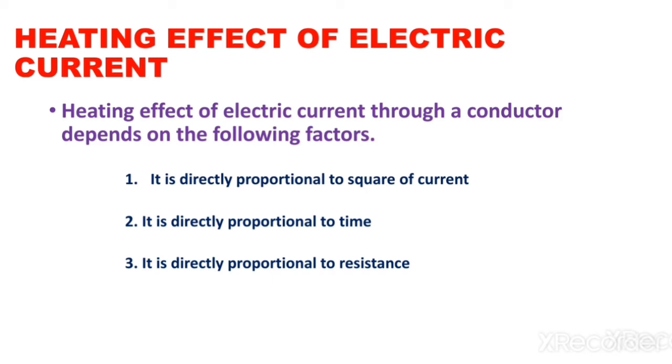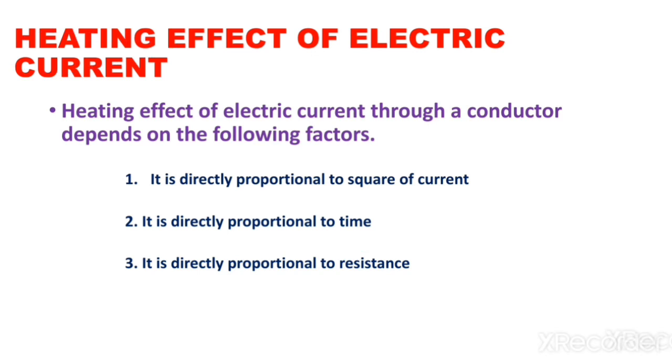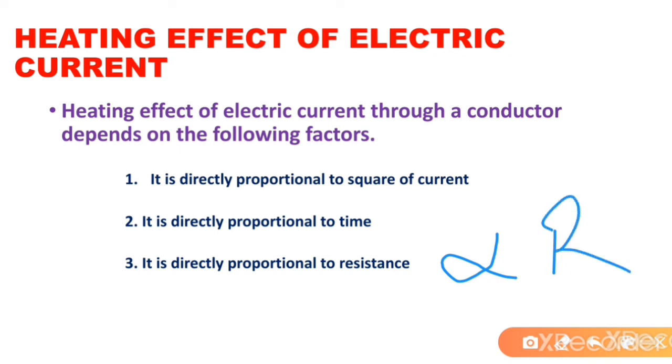The same happens here. As this resistance increases, the heating effect in a wire also increases. So the more the resistance, the more is the heating effect. So heating effect is directly proportional to the resistance.